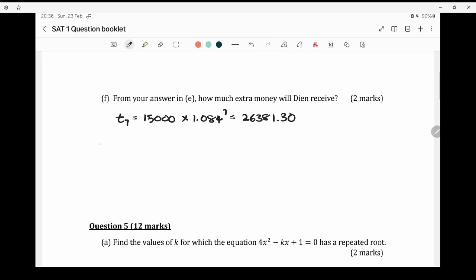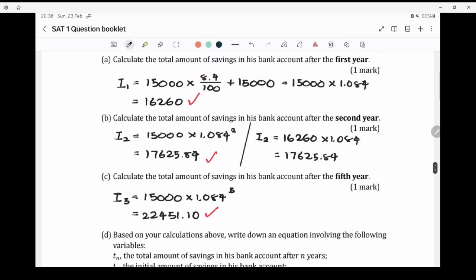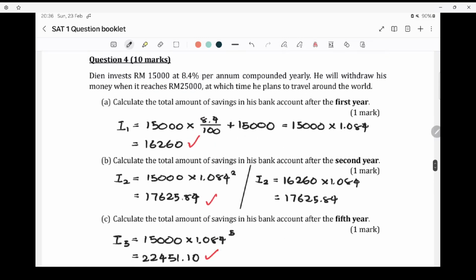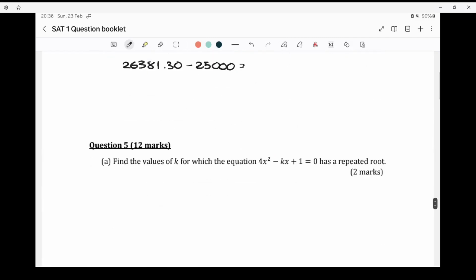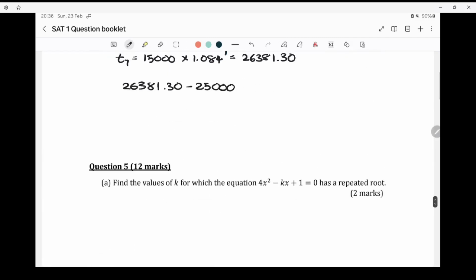So you need to calculate how much extra money. So you use your answer in the previous equation minus 25000. So that will be around this value.